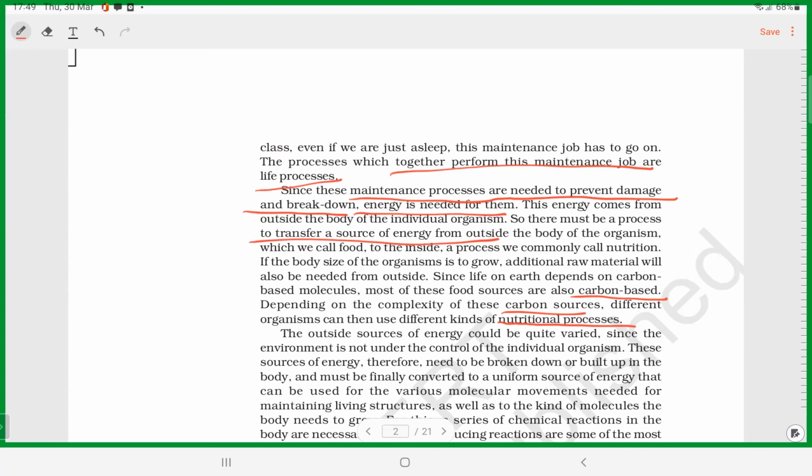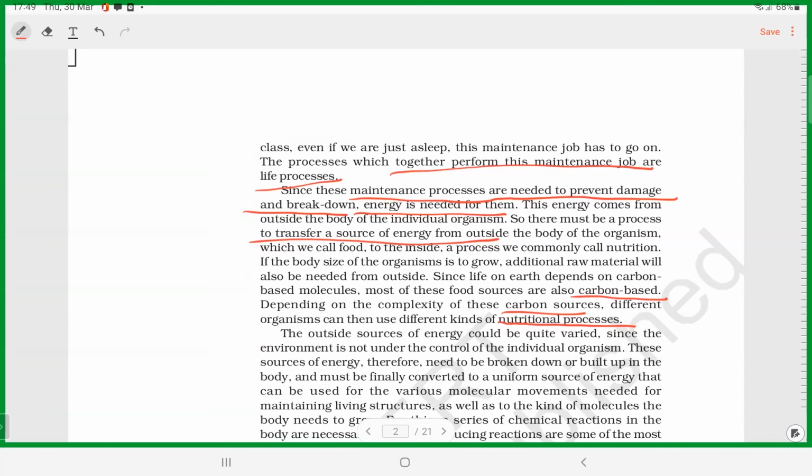Carbohydrates, proteins, lipids, fats, and even nucleic acids are required, and then all other substances: salts, minerals, vitamins, etc. Macromolecules we call carbohydrates, proteins, lipids.